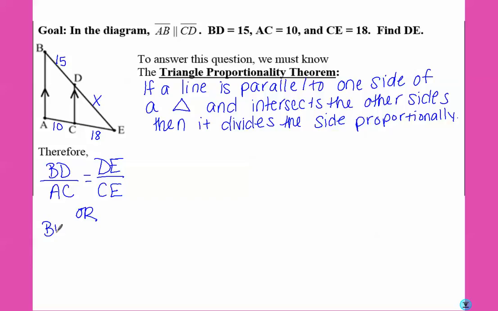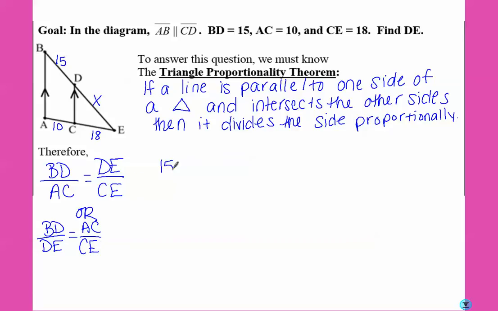Or if we wanted to, we could say BD over DE would have to equal bottom left piece over bottom right piece. Both of those proportions will give you the same answer in the end. So I'm going to use the top one and fill in what we know.